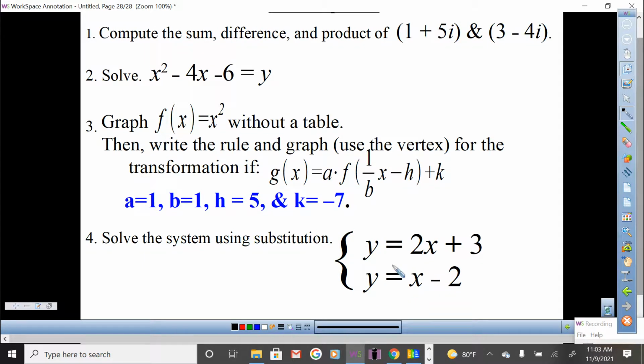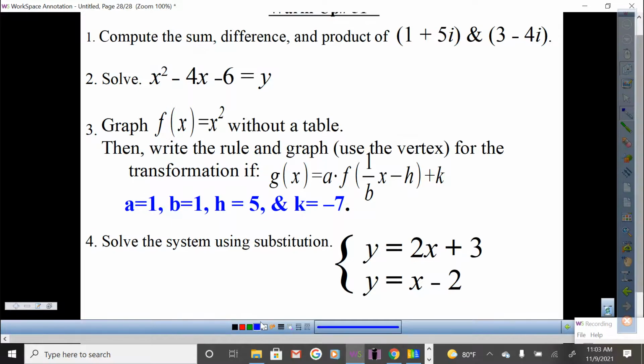Alright, let's see. Number 1, the sum. What'd you get for the sum? Okay, so if we combine, 4 plus i.